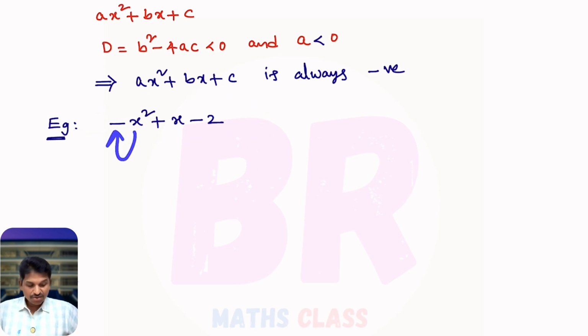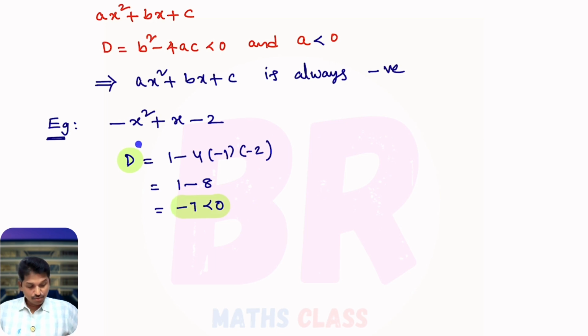X square coefficient is minus 1. That is negative. A is negative. What is the discriminant? I will calculate the discriminant of this. B square minus 4, a is minus 1, c is minus 2. That is 1 minus 8, that is minus 7. Minus 7 is less than 0. Right? Discriminant is negative.